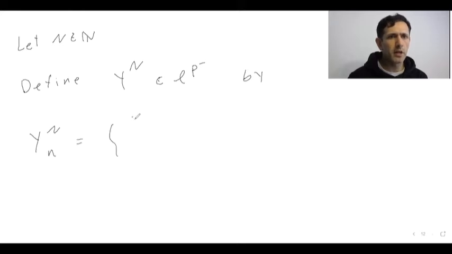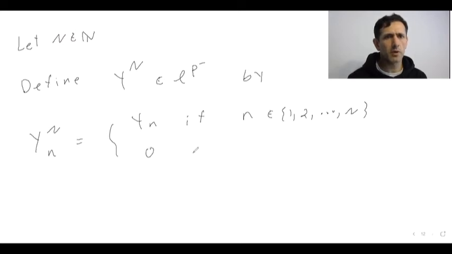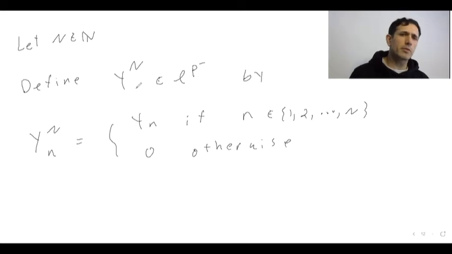In particular, it's just yn if n is an integer less than or equal to big N, and otherwise 0. So there's absolutely no ambiguity that y^N, for each fixed big N, is in little lp. Any finite sum is finite. There's no ambiguity at all.